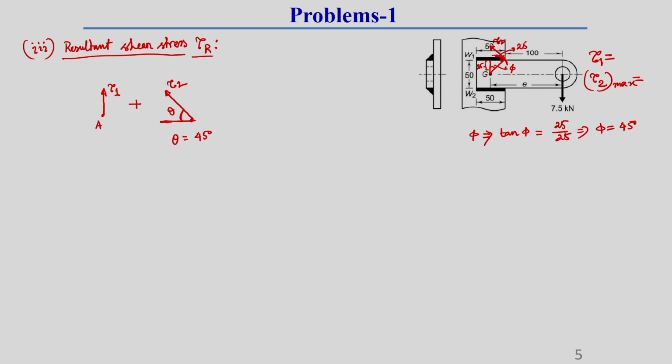Now, what I am doing here, this tau 2 max I am distributing in vertical and horizontal direction.